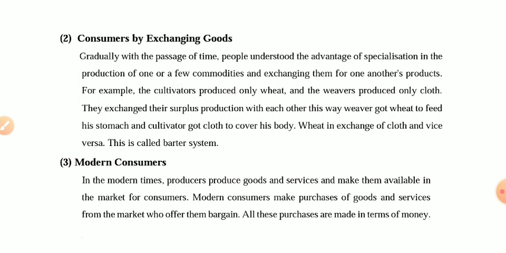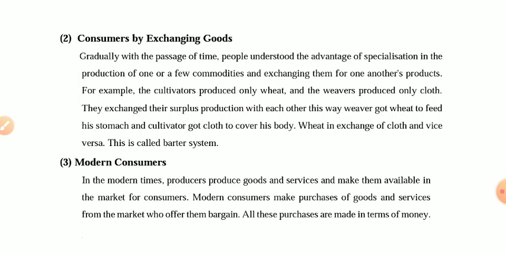They exchange their surplus production with each other. In this way, the weaver got wheat to feed his stomach and the cultivator got clothes to cover his body. So this is the exchange of goods and services, and that's why it is known as the barter system of exchange.